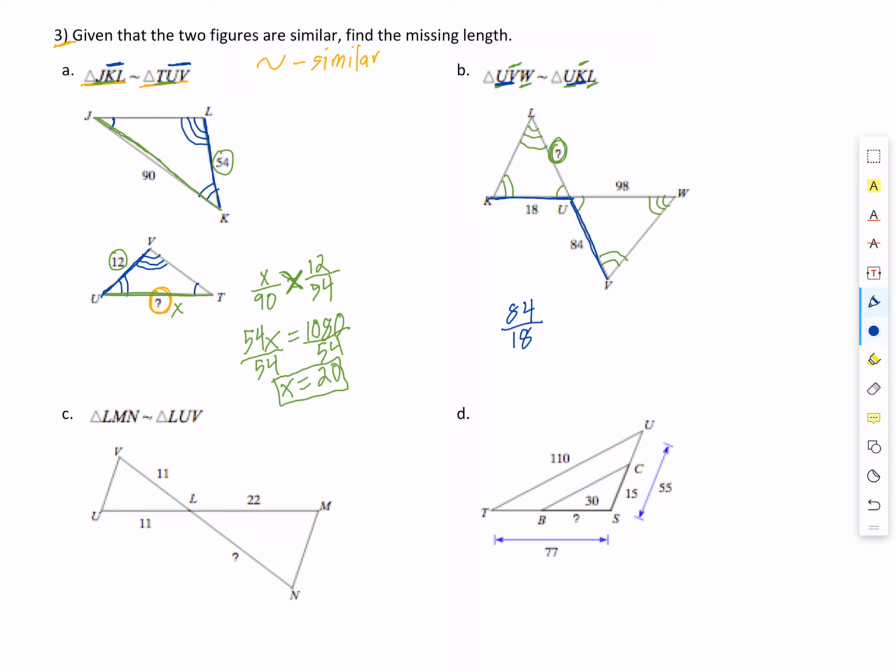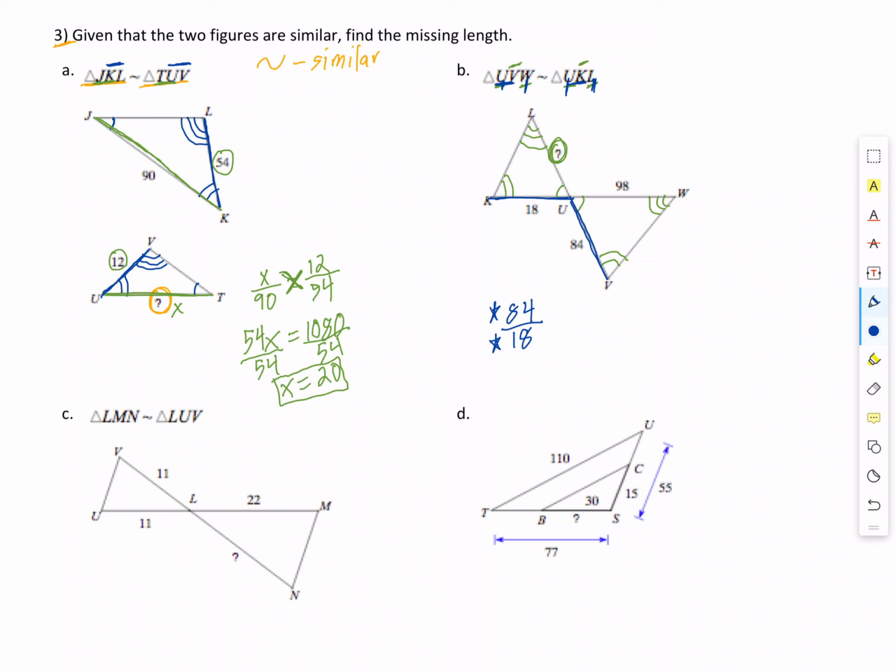It's important, guys, that you keep that same order. So we use the triangle UVW side first, right here. And so now we're using that other number right there. And now we're wanting to know what the length of UL is. So also, we know that UW is going to be the same as UL.